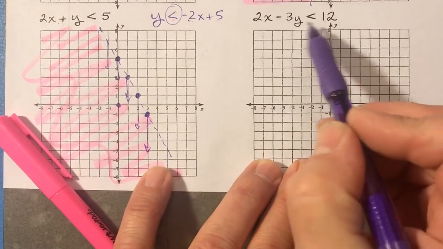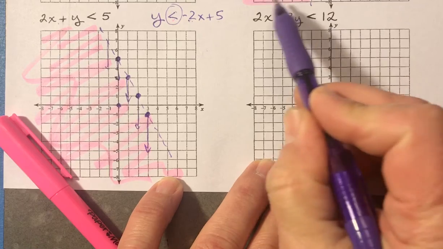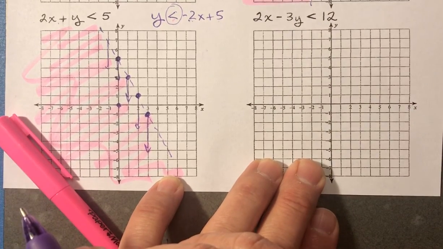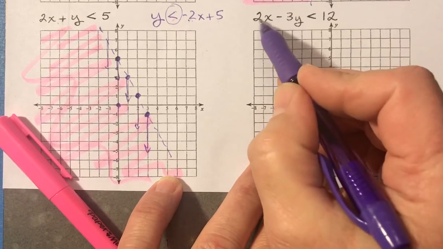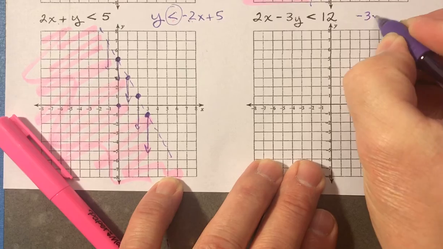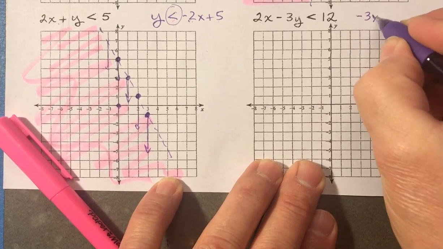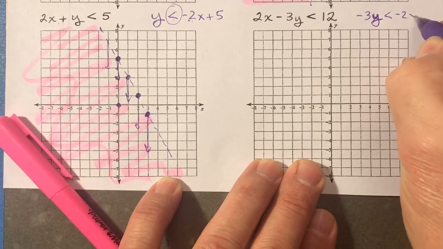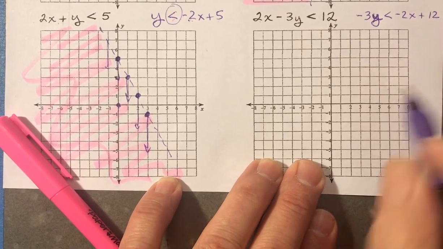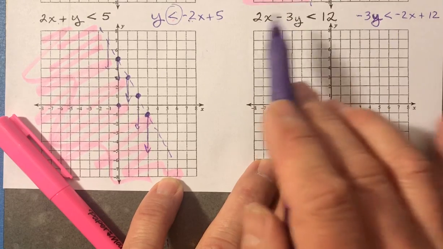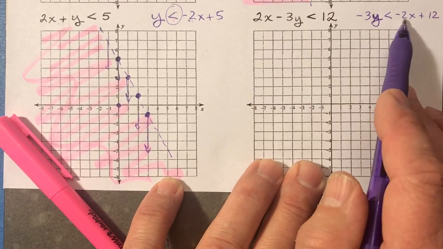Now the last one goes back because we need a few rules from earlier on. I'm going to subtract 2x from both sides, and then I would have negative 3y is less than negative 2x plus 12. So when I subtract 2x from both sides, I get negative 2x.